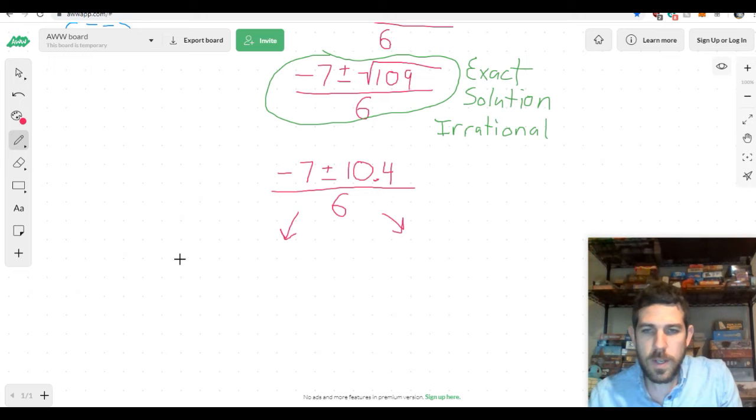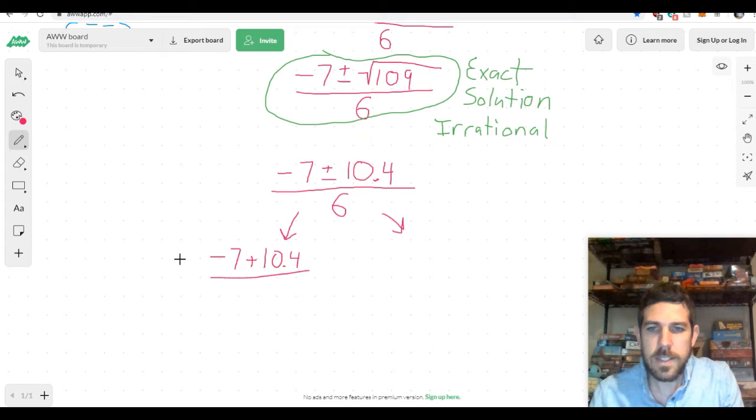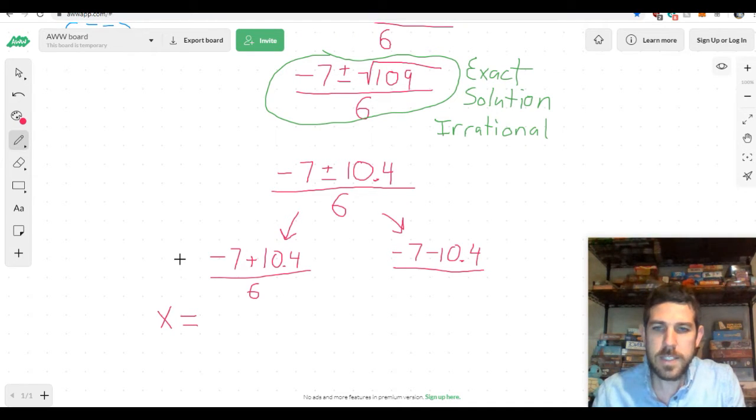I'm going to write it out twice, both as an addition problem and a subtraction problem. First, I'll write it as an addition problem. -7 plus 10.4 divided by 6. And I'm also going to write the subtraction version of this. -7 minus 10.4 divided by 6. Okay, that's going to give me two answers. Remember, this was all to figure out what x could be. So x could be -7 plus 10.4.